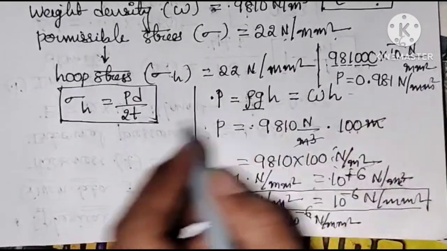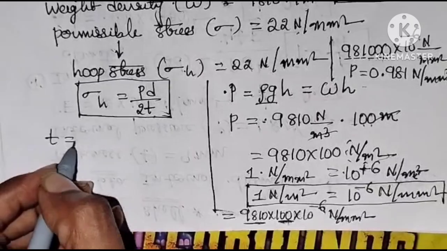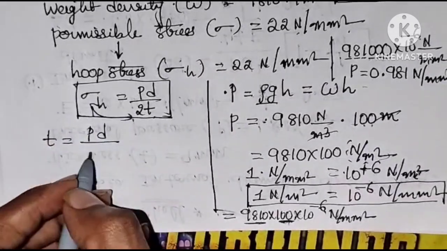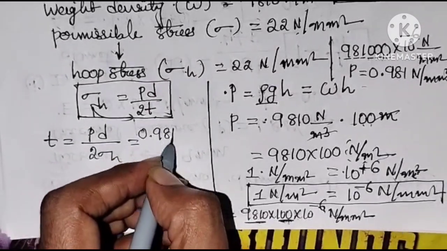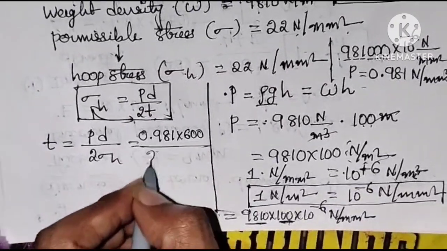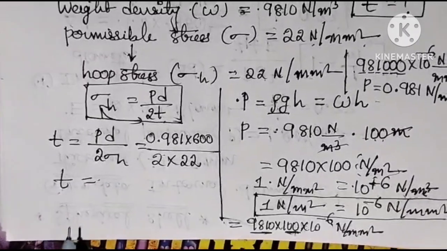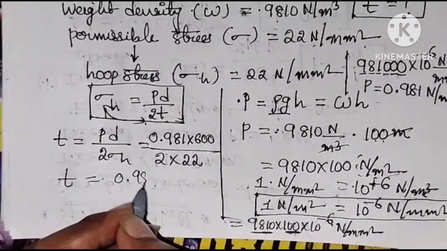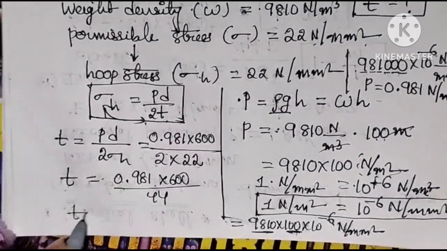Now use this formula. In this formula, T is equal to PD by sigma H, interchanging the positions of sigma H and T. T is equal to 0.981 into diameter 600 mm by 2 into sigma H 22. So T is equal to 0.981 into 600 by 2 into 22, which is 44.